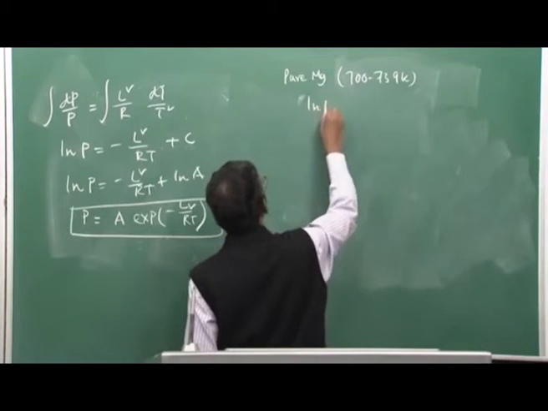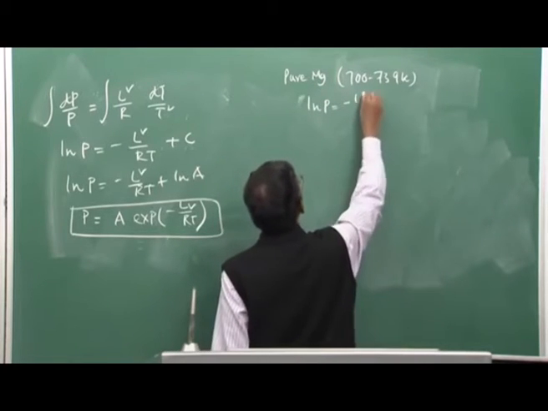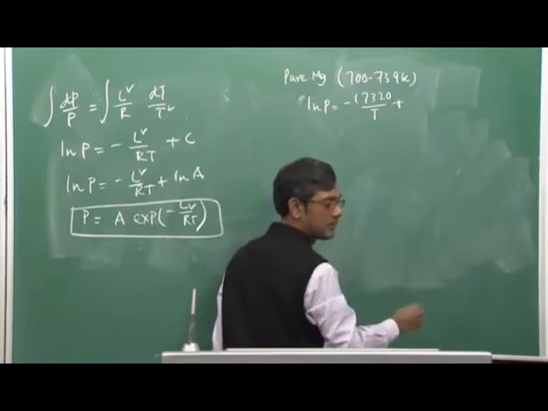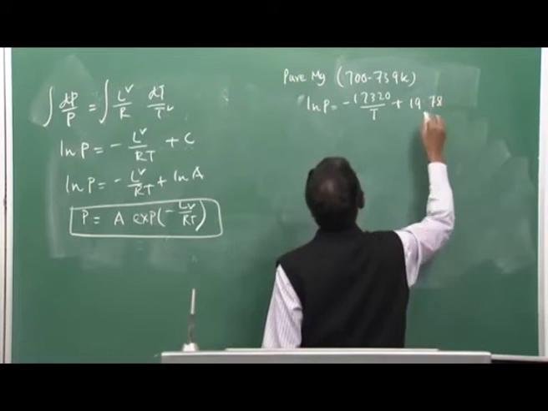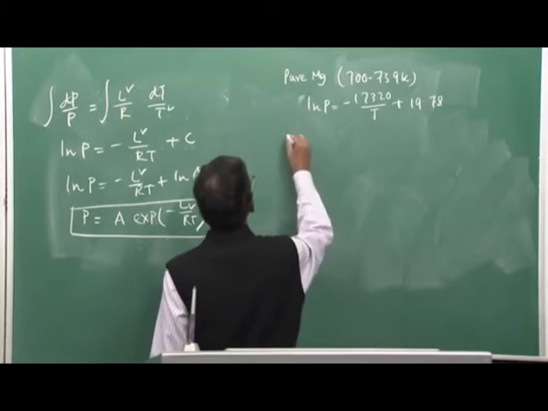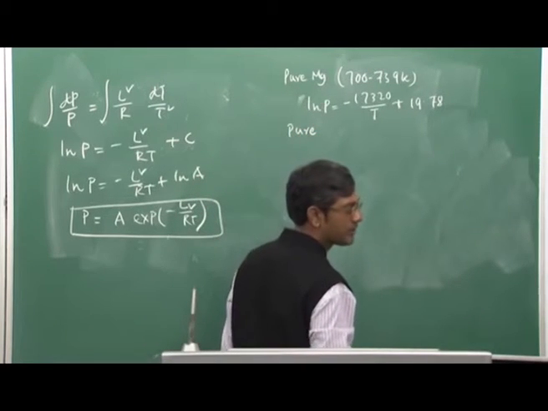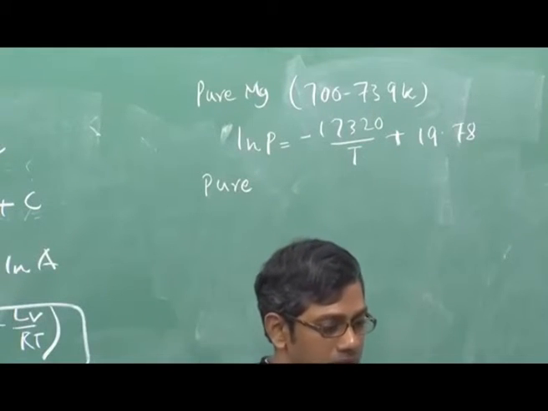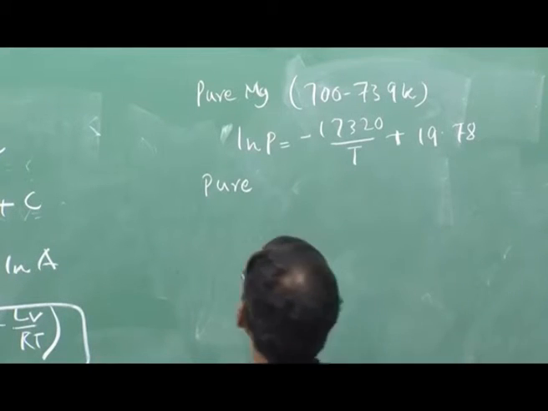Log of P is equal to minus 17,320 divided by temperature plus 19.78. This is for pure magnesium. Again for pure zinc, the same kind of expression is valid for the temperature range of 575 to 630.